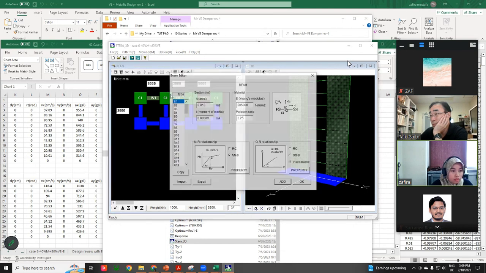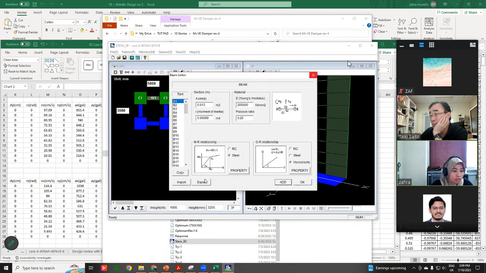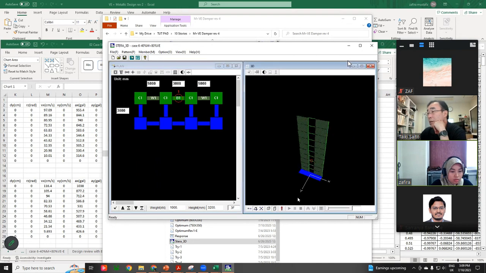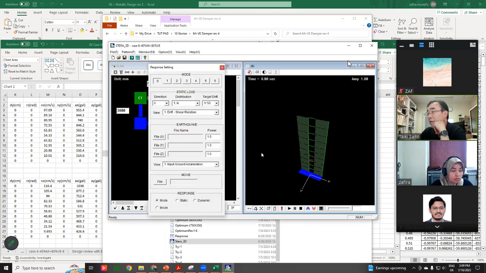So the viscoelastic is V1. This is level 3. The same damper along the height.